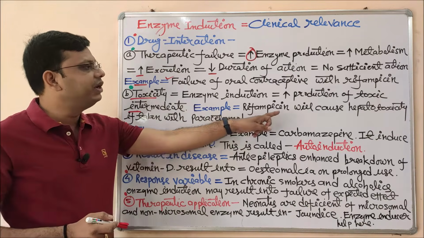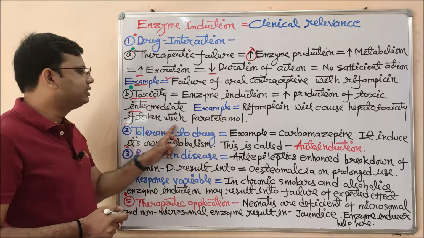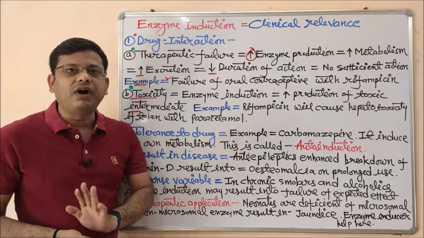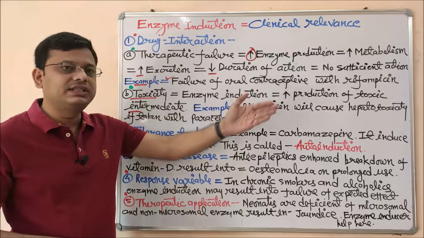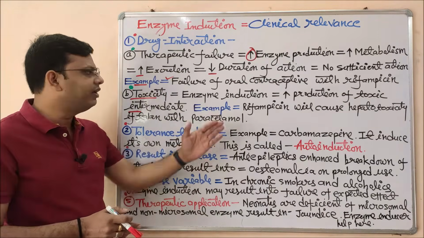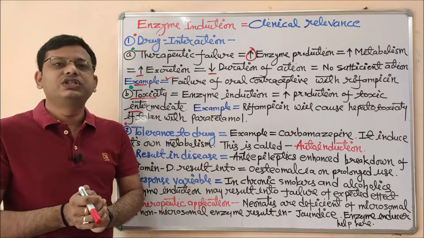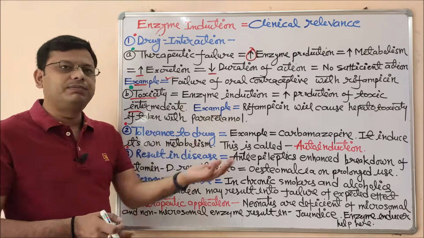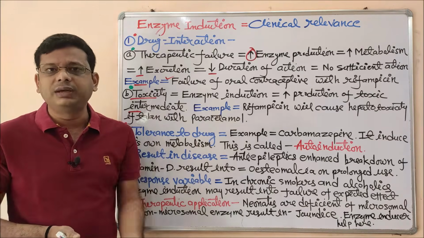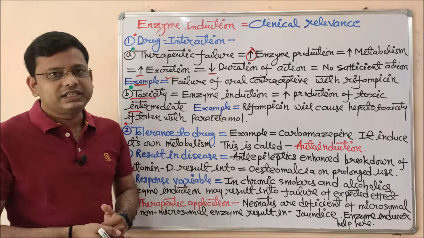Example, rifampicin will cause hepatotoxicity when it is taken with paracetamol. See, rifampicin is also available in the first example. If someone is having rifampicin, obviously for treatment of tuberculosis, and if the person is chronically taking paracetamol for general purpose, for painkiller purpose, for antipyretic effect, or other use of NSAID.